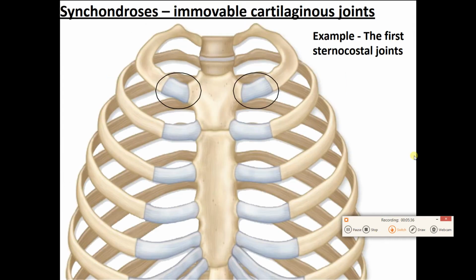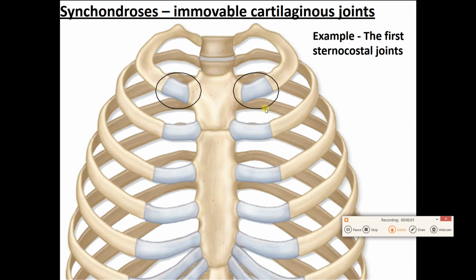Okay. So now we just did an immovable fibrous joint. Let's do an immovable cartilaginous joint. And the example is the first sternocostal joints between the sternum and the costal cartilage of the first rib right there. These are called synchondroses.